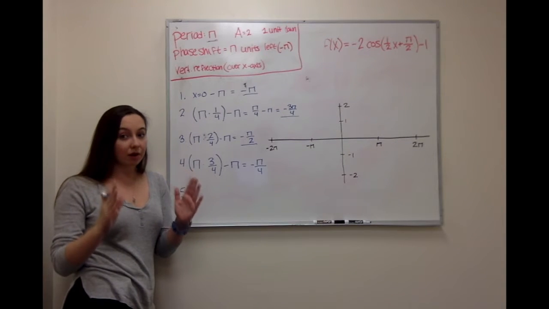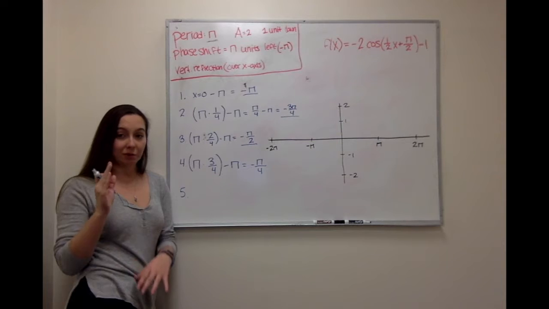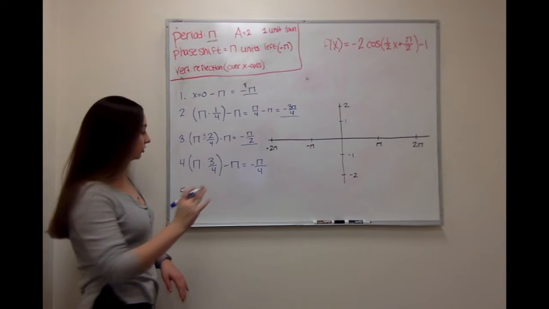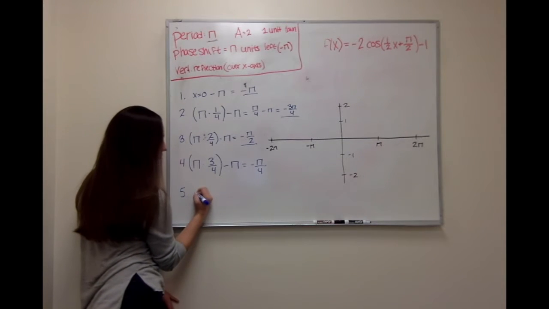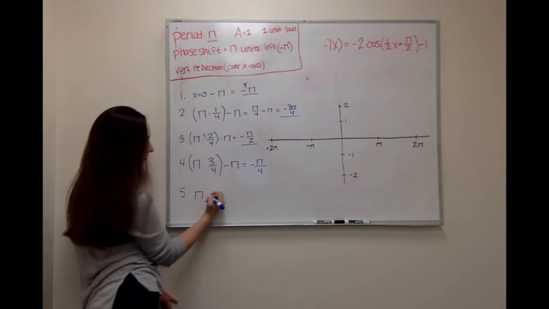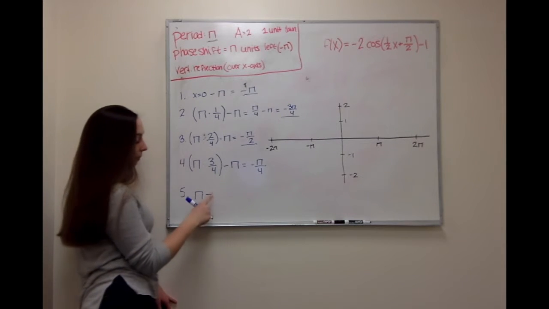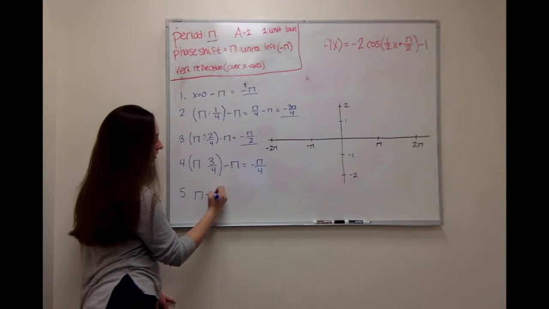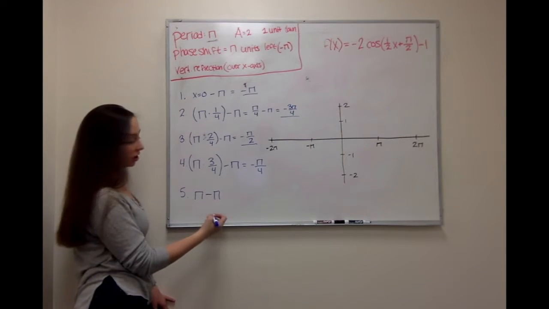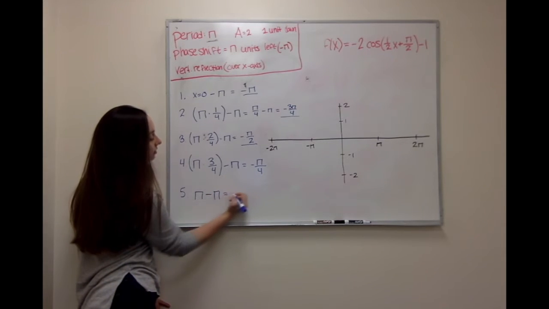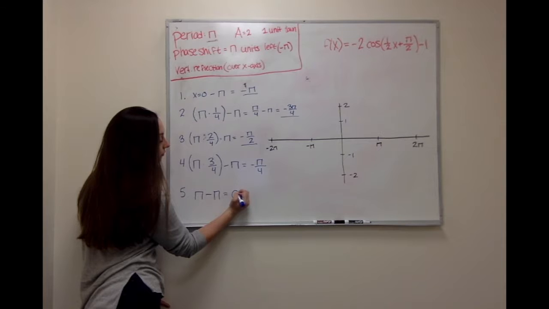So our typical endpoint for a graph like this would be pi. So that's what you're going to use for your initial value. So you're going to have pi minus pi because of our phase shift, which will leave us with 0.